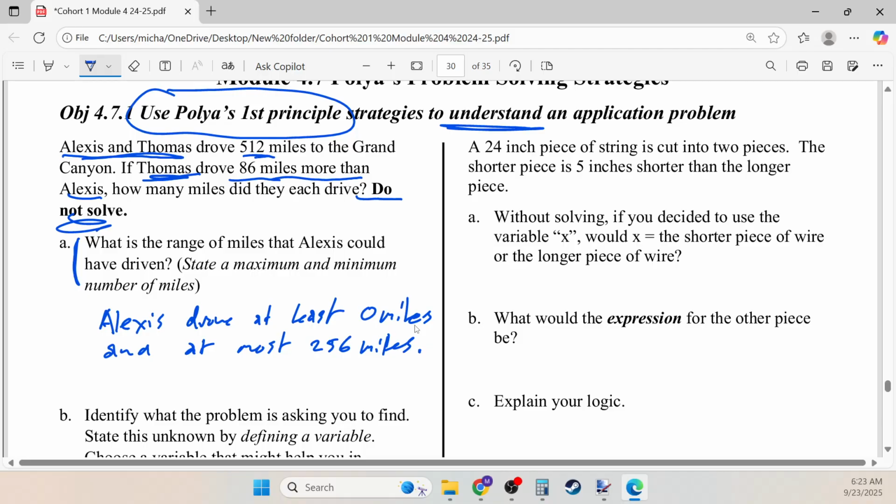If we do our calculation and get to the end and it says that Alexis drove 300 miles, we know, oh, I did something wrong. I either set it up wrong or I typed it into the calculator wrong. We're just trying to put some bounds on, to do some error checking at this point. We're not really looking to completely solve anything at this point.